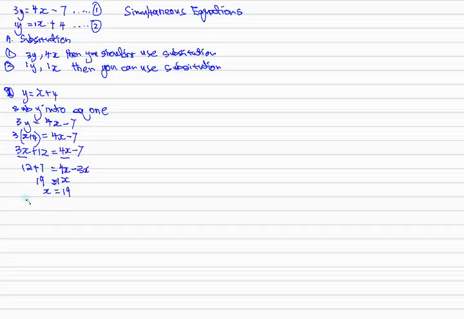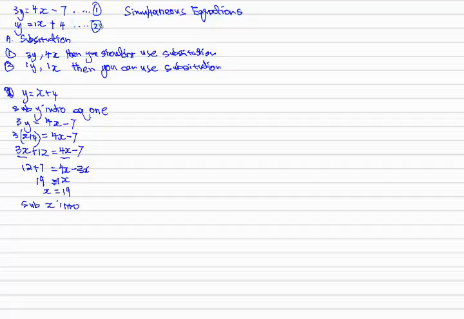Okay? Now next you're going to substitute x. What does substitute x mean? I'm going to substitute x equal to 19 into an equation. Which equation are we going to look at now? Of these two equations, which one is the easiest?